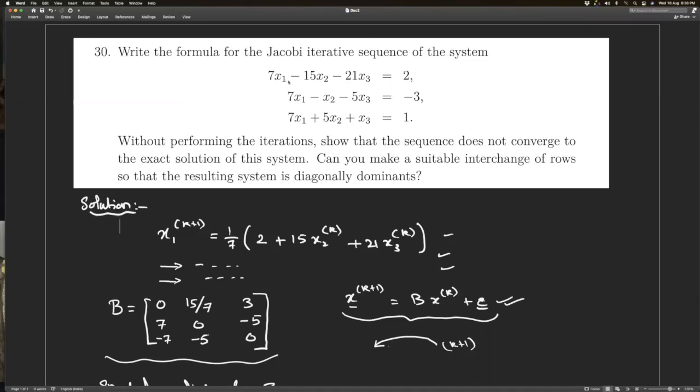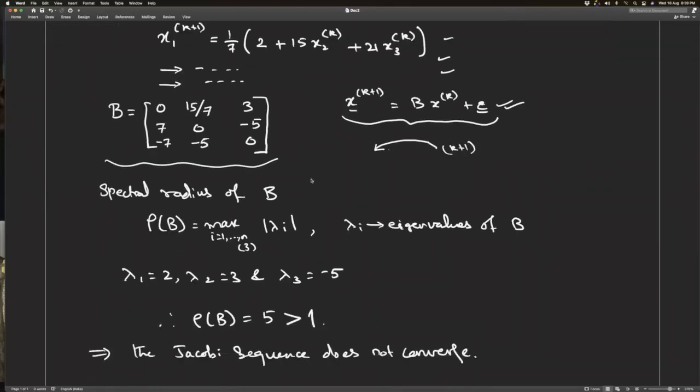Now, can you make some row interchange and make this system finally a diagonally dominant system? Well, by direct observation, we can see that this system cannot be written as a diagonally dominant system by making any row interchanges. Therefore, the answer is that it is not possible.